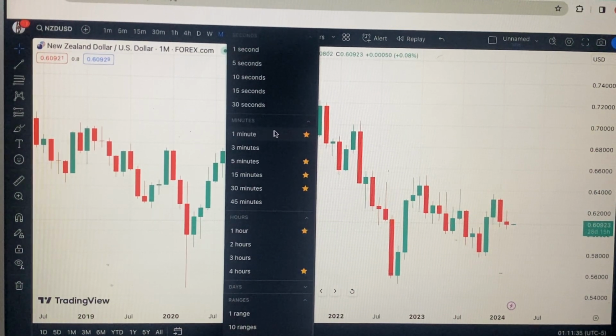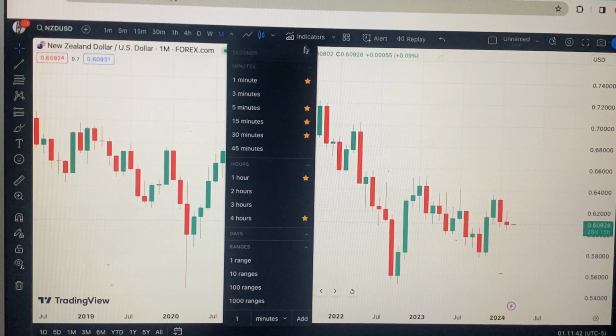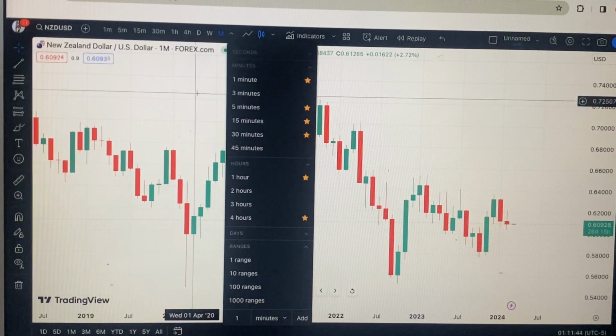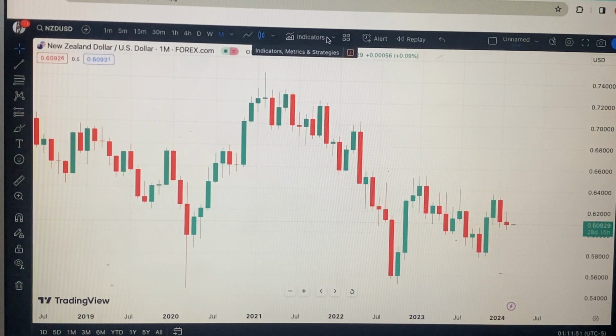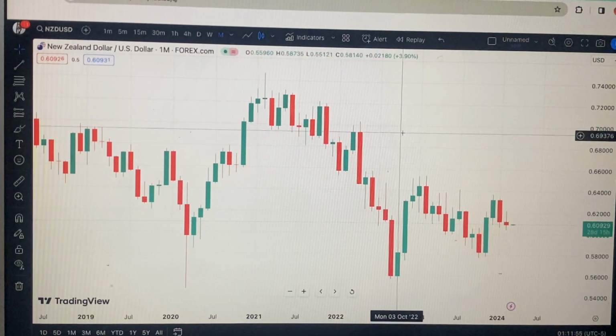But I like 1 minute, 5 minutes, up to the monthly time frame. This is your indicator. I don't use indicators, but for those who want to use indicators, you could use them here. You check, and if it's something you can work with, you work with it.